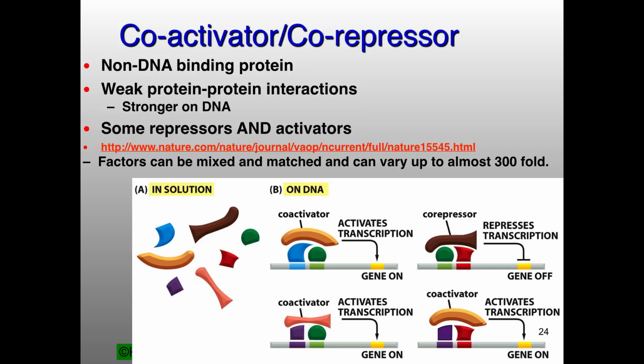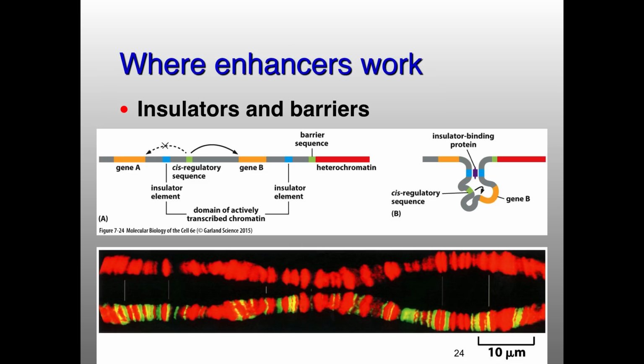So the fact that you've got these things that are all working either through chromatin or through space and looping means you actually have to have some way of making sure that the sequences next to a promoter, and next to a promoter can mean tens of thousands away, an enhancer can be tens of thousands of nucleotides away, only works on that particular promoter and doesn't work on all of the other 20,000 promoters that are present in any particular genome.